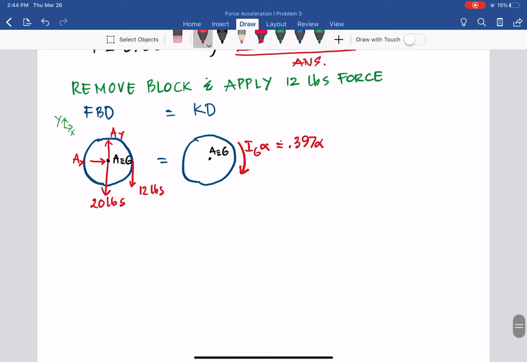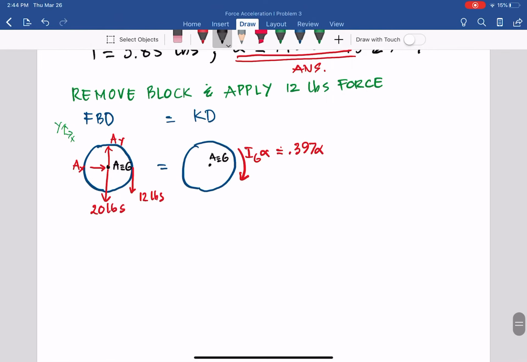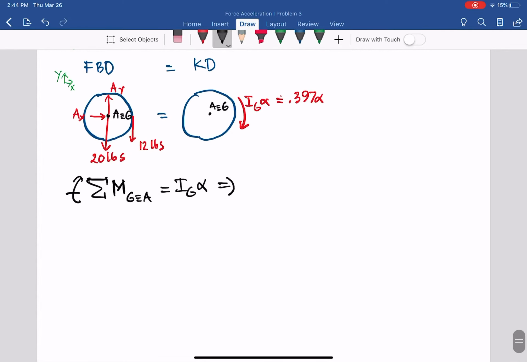Now if we are only interested in the new alpha, you will have the sum of all the moments about A, and T is the same as A in this case, and we assume clockwise is positive, equal to I_G alpha. From that we have the equation: 20 pounds goes through A, A_x and A_y go through A. The diameter of this one remains unchanged, 1.5 feet.